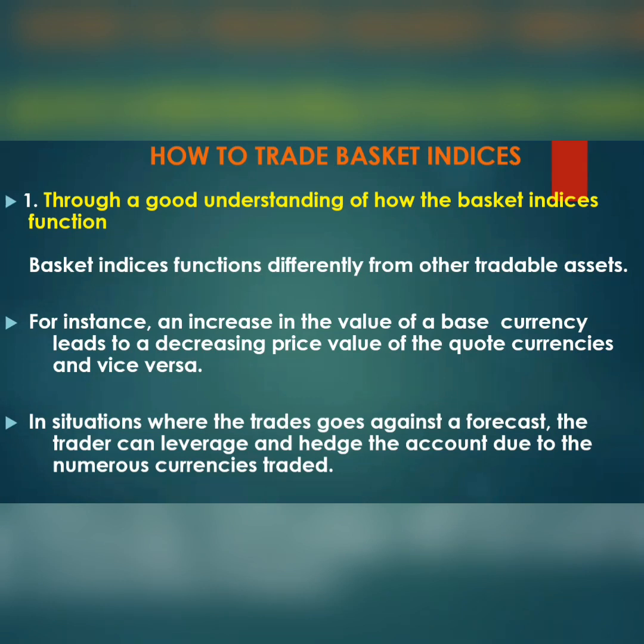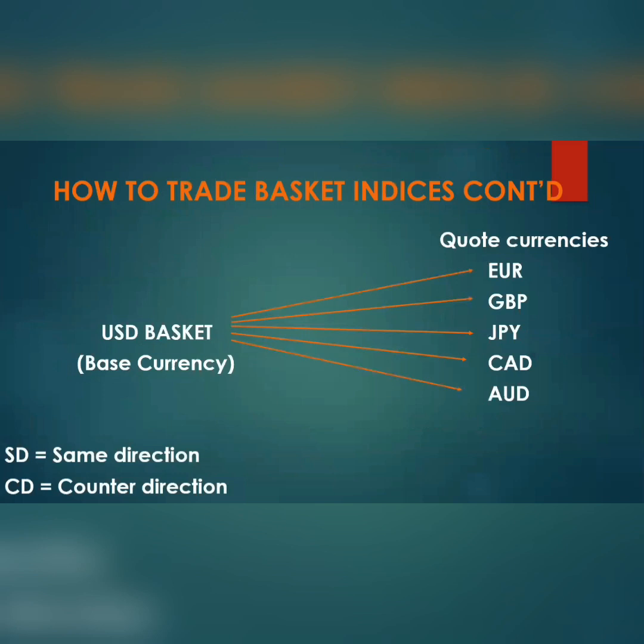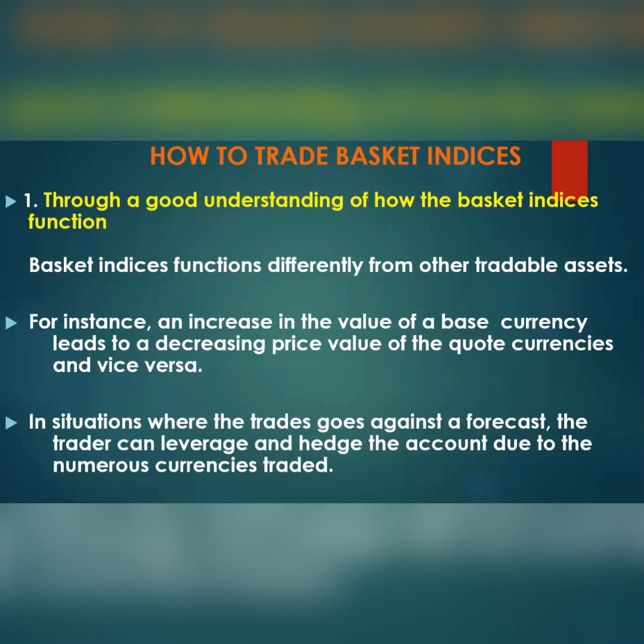So in situations where the value of the base currency increases, for example, US dollar, are we going to say that the quote currencies such as euro will be in the same direction, or is it going to be in a counter direction? If US dollar, for example, increases in value like we see here, what is going to happen to pound? Let's just say US dollar increases and pound falls. What that means is that if you pair the GBP and the USD together, it means the price is going to go down.